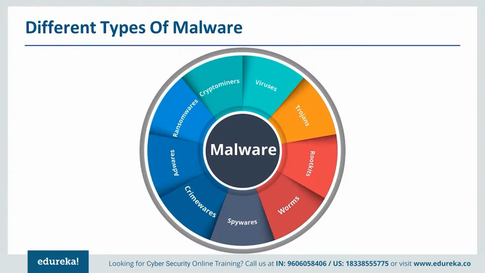Trojans. Trojans are usually spyware, I mean the freeware that comes in. It looks like a regular trusted application, but in the background it performs malicious activities. As soon as you execute the program, it runs its functionality, and you will not notice that a malicious object is running in the background.